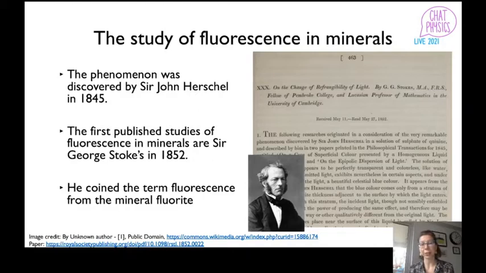It's got a great title, On the Change of Refrangibility of Light. It's actually quite an easy read. You could easily give sections of it to your students to read, and it's freely available from the Royal Society's website. He was the person who coined the term fluorescence, which is named after the mineral fluorite.